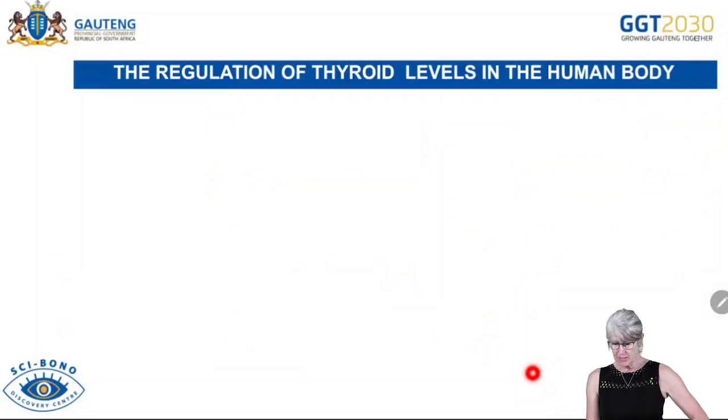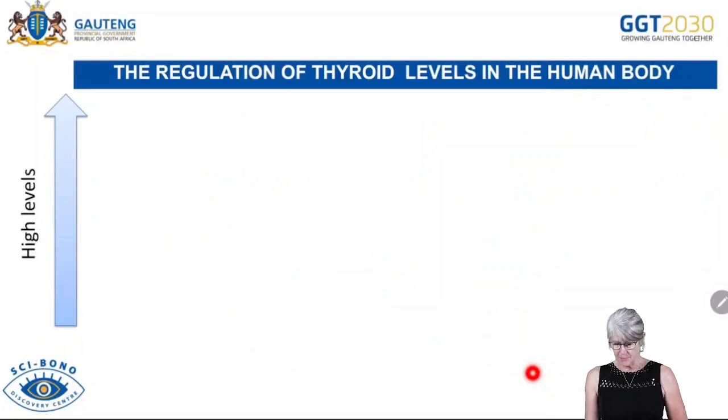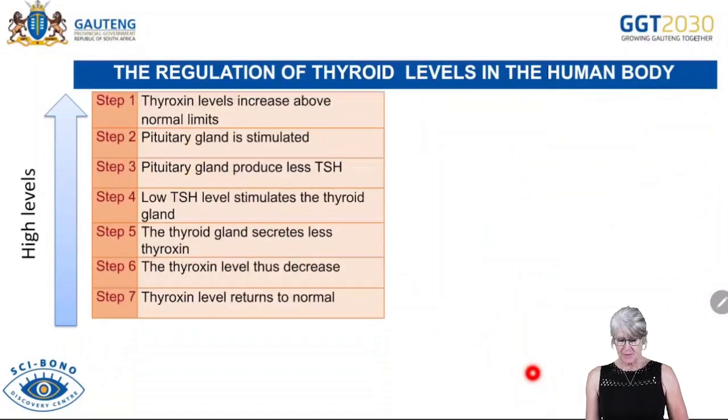Okay, so whether we look at the regulation of thyroxine levels in your body when they're high, if the thyroxine levels are very high, then that means the pituitary doesn't need to produce so much TSH, so it's going to produce less TSH, because remember TSH is the thyroid stimulating hormone.